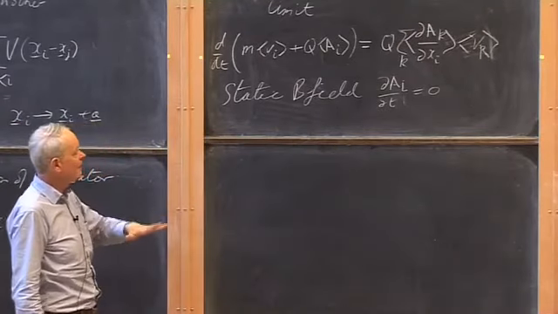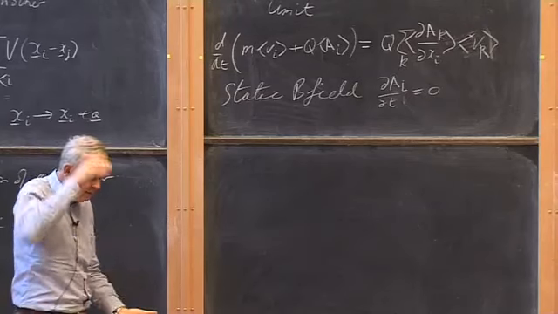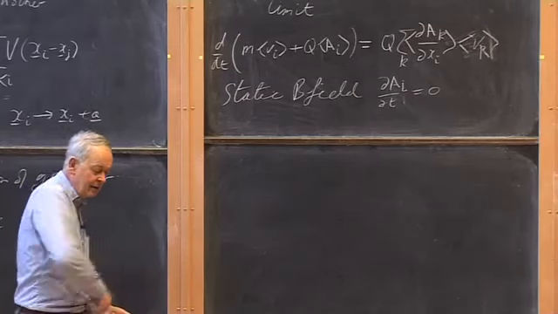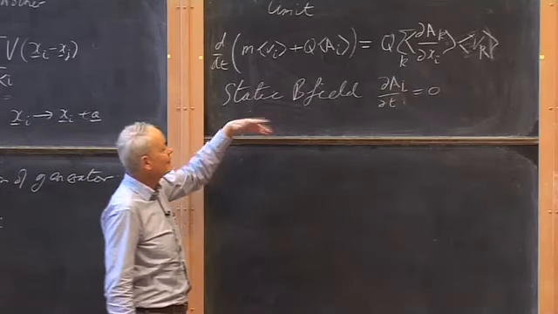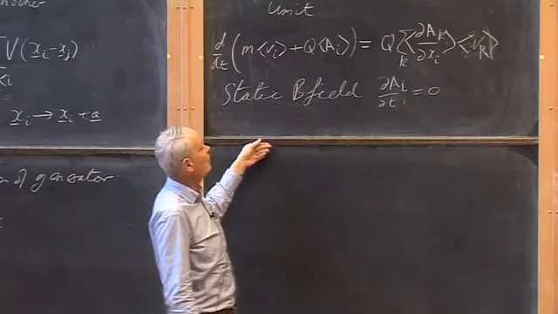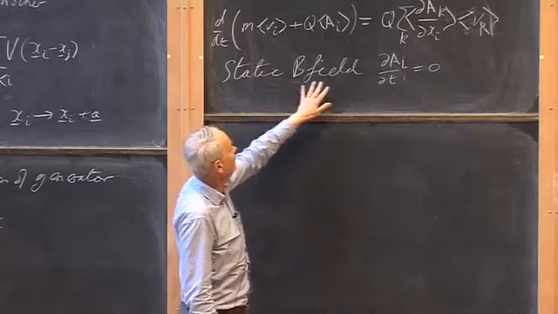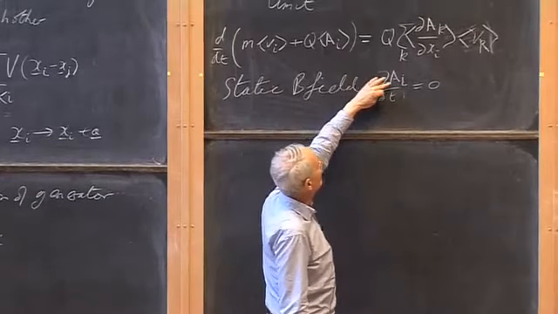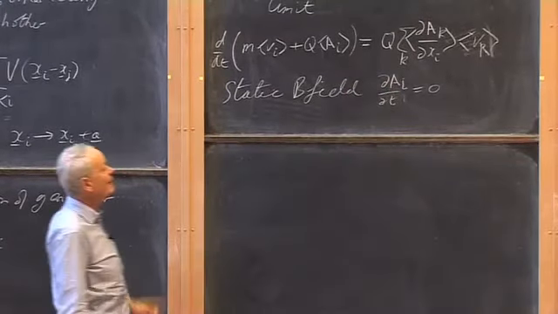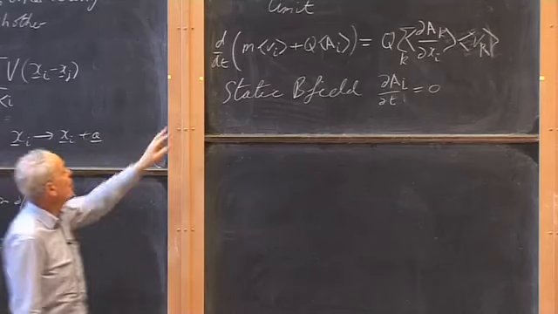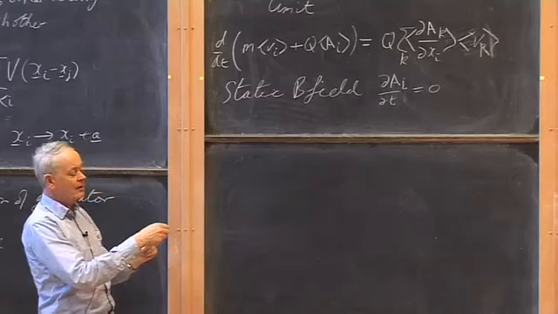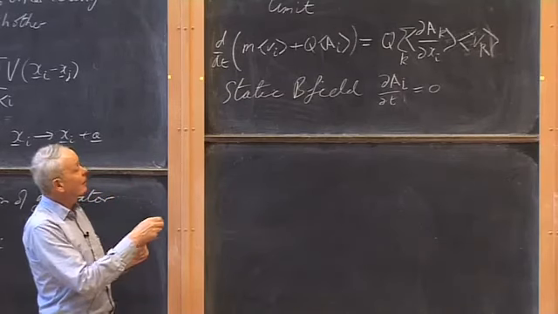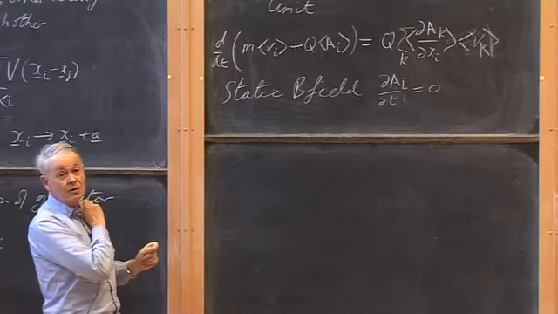A time-varying magnetic field creates, by Faraday's law, a curly E field, and that leads to a more complicated equation of motion. So we're interested in static B fields, so that the rate of change of the magnetic vector potential at any given point is zero, but this time derivative is not zero because the particle is moving and sensing the vector potential at different locations.